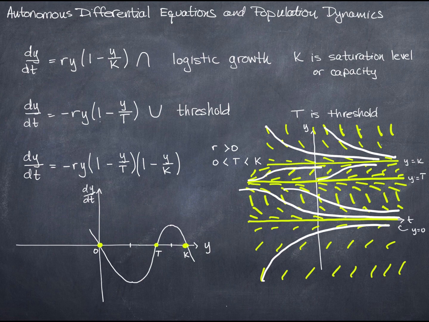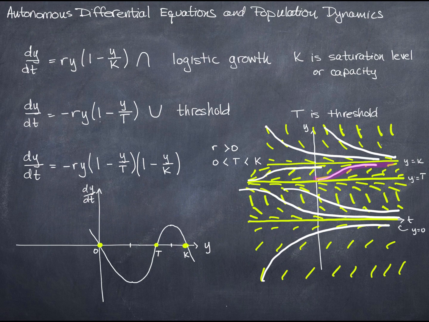I'm going to grab a highlighter here, see if this works. The only way I can determine what a particular solution is is if I have initial conditions. Only then will I know that at time equals 0, for example, I had this many individuals in my population, and this is my specific solution.